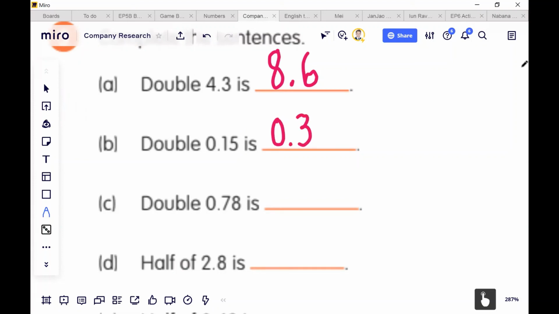Yeah, 0.30. These you can do in your head. In this one, you take 15 times 2 is 30. Then you see there are how many decimal places? 2, right? So you can move it there.